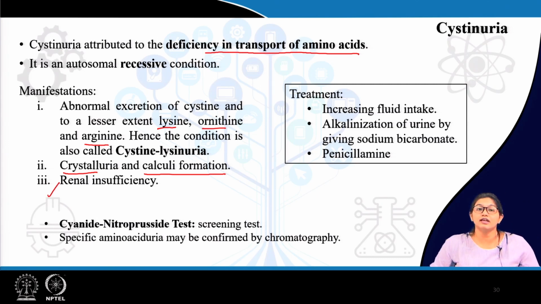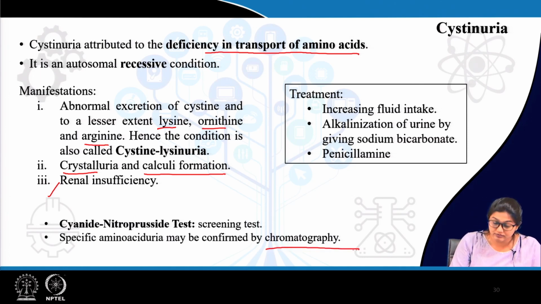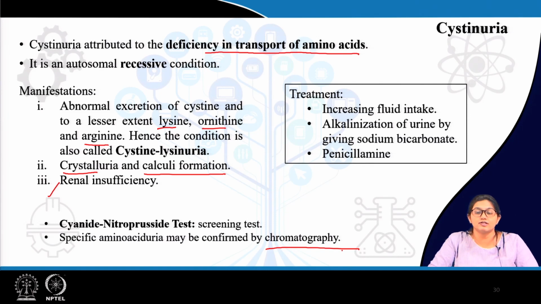Once again, the screening is the cyanide nitroprusside test. If you remember, nitroprusside forms a red color in the presence of cysteine. But the specific amino acid present in urine, whether cystine or lysine or ornithine or arginine, can be detected by chromatography.